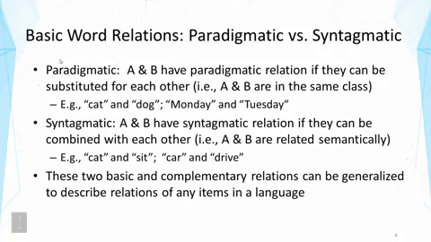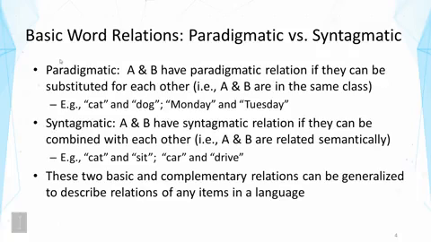For example, cat and dog. And these two words have paradigmatic relation because they are in the same class of animal. And in general, if you replace cat with dog in the sentence, it would still be a valid sentence that you can make sense of. Similarly, Monday and Tuesday have paradigmatic relation.